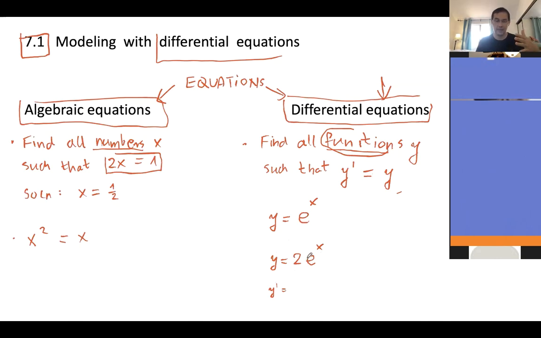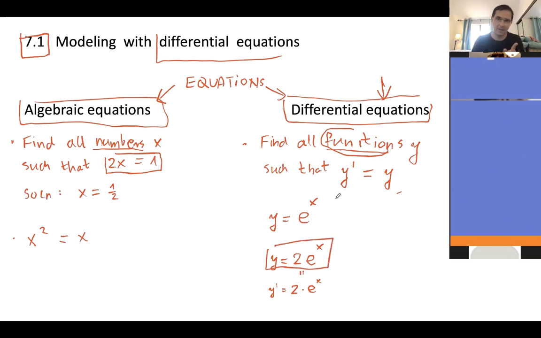Taking derivative, as well as taking antiderivative, is a homogeneous operation, meaning a constant times a function will give the same as the constant times the derivative of the function e to the x, but the derivative of e to the x is the same function. So notice one thing: the function and its derivative are exactly the same, meaning that this function y equals 2e to the x is also a solution of this differential equation.